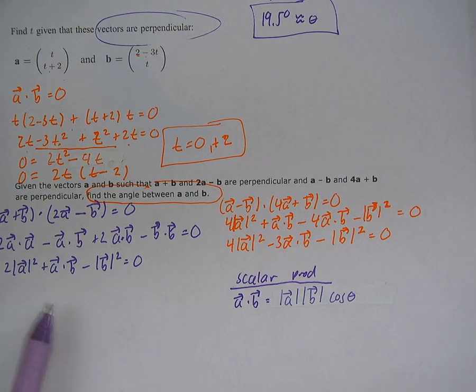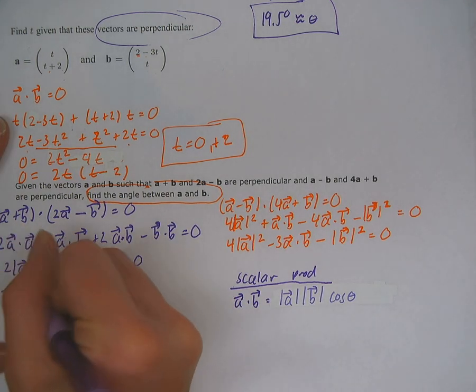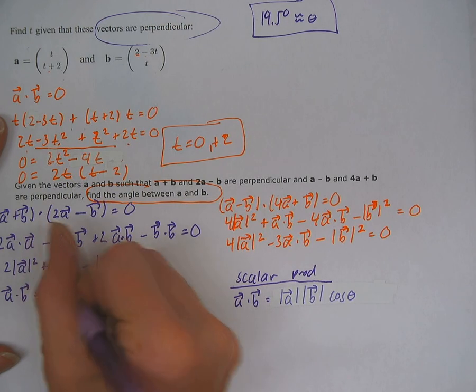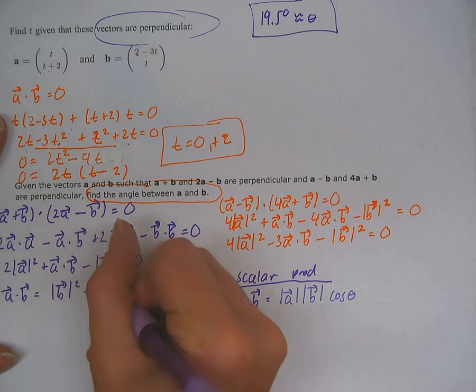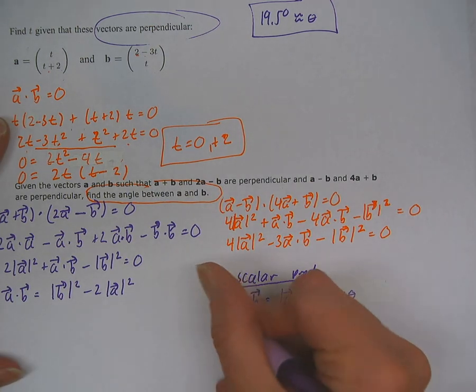now what can I do here? It looks like I have vector A dot vector B here. So what if I got this alone and then substituted that stuff? Would that help? Let's try. So I've got vector A times vector B. Let's substitute that in.